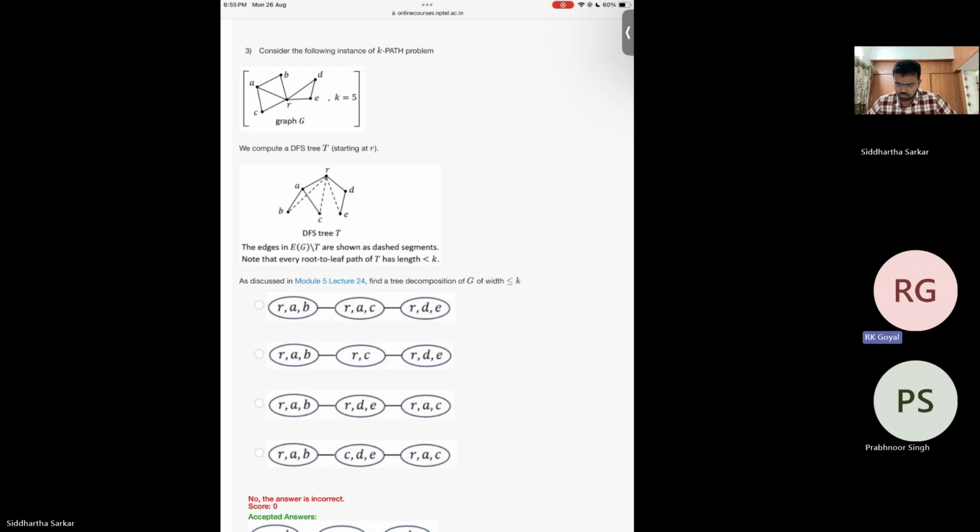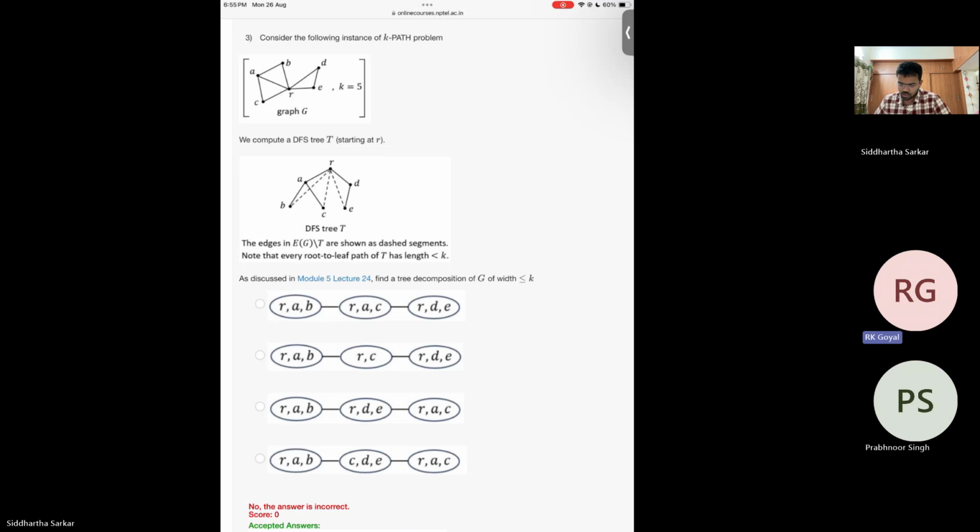Here also they have used dashed segments. Here we have an edge from R to B, so this is via R to A and then A to B, but we have excluded R to B because this is the direct one.